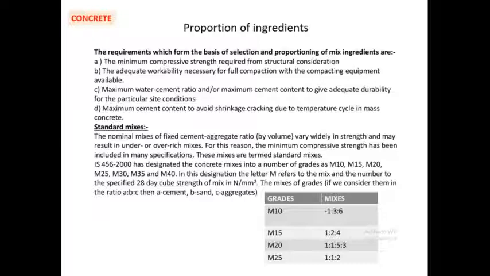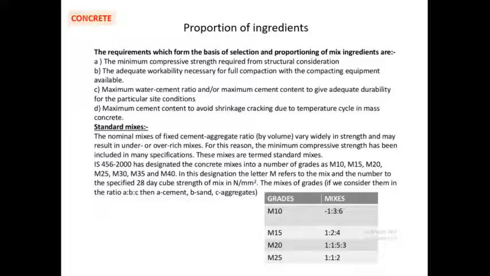So 1 portion of cement, 3 portions of sand and 6 portions of aggregate are mixed together to form an M10 grade concrete. इसकी स्ट्रेंथ मेजर की जाती है न्यूटन पर एमएम स्क्वायर में. Okay, so depending on the compressive strength, the concrete is selected.